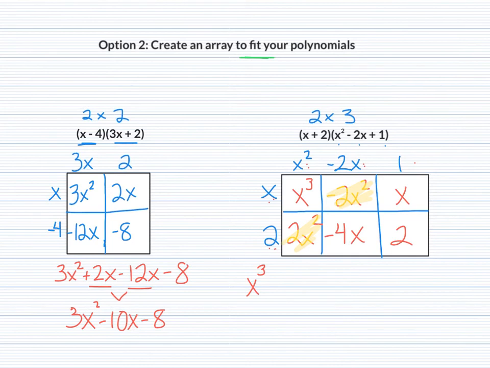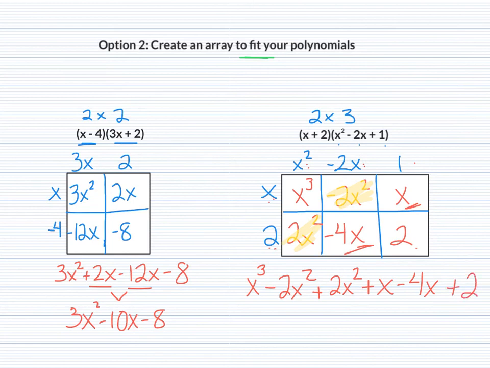So I'm going to write those down. So I've got minus 2x squared plus 2x squared. Okay, next I have x's. So I'm going to write plus x minus 4x. And last up, plus 2.